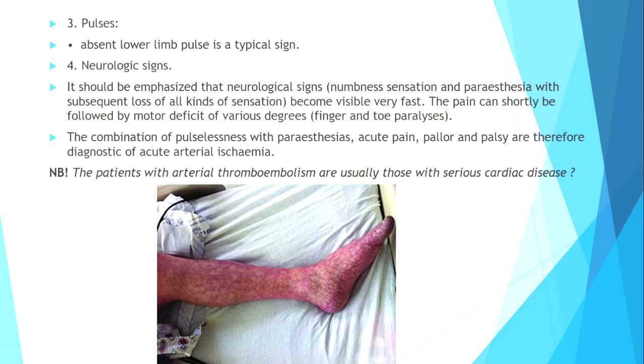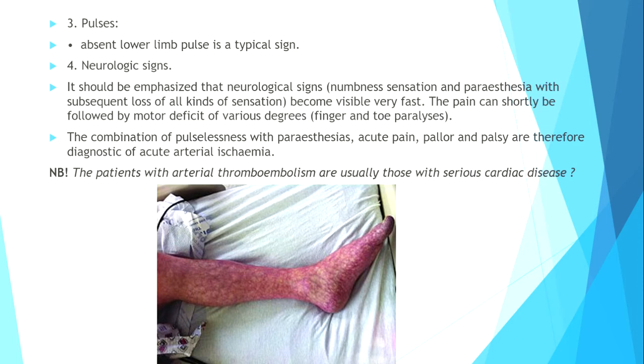Absent lower limb pulse is a typical sign, and neurologic signs. It should be emphasized that neurological signs, numbness and paresthesia with subsequent loss of all kinds of sensation, become visible very fast. The pain can shortly be followed by motor deficit of various degrees, finger and toe paralysis.